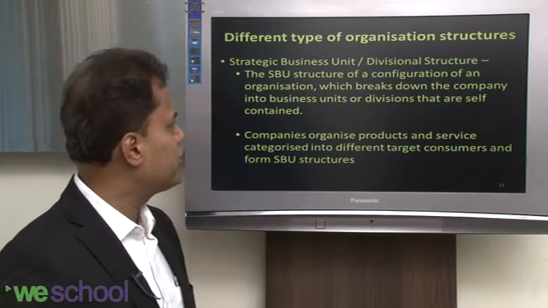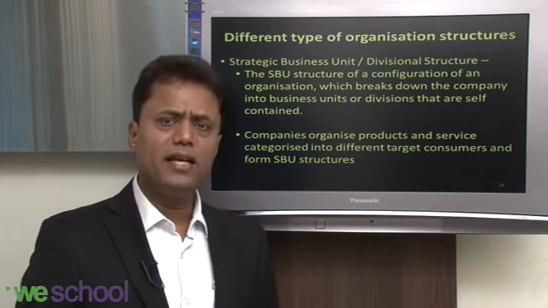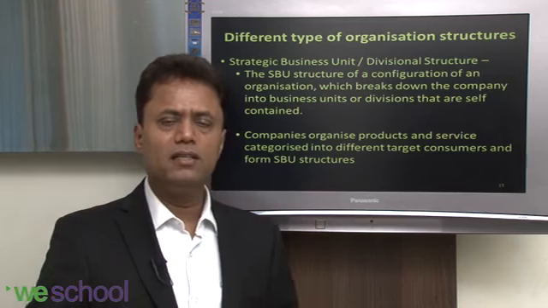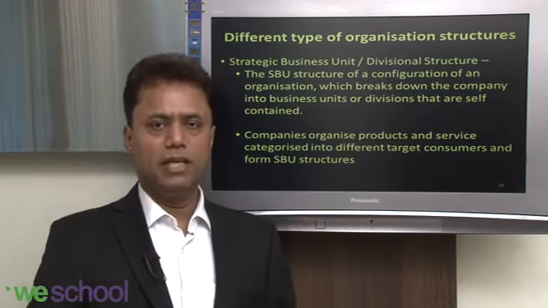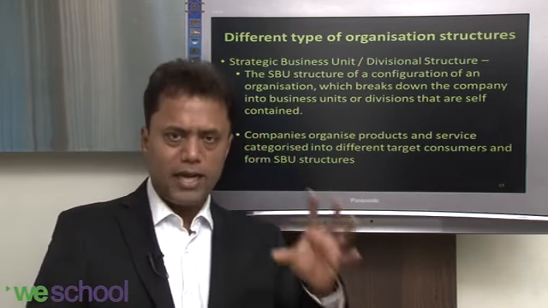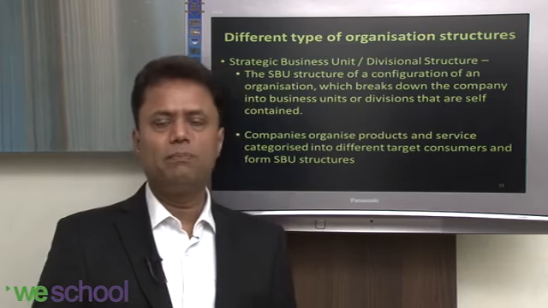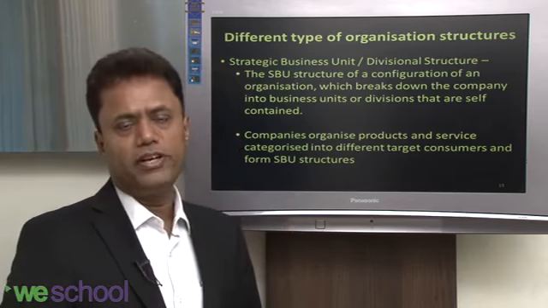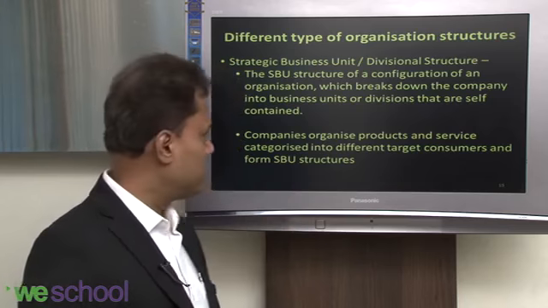Or different divisions. These are all self-contained, independent SBUs, and they have the P&L, they operate like a separate company. They have their own strategies, their own structures, their own people, and they deliver a huge profit to the corporate organization.